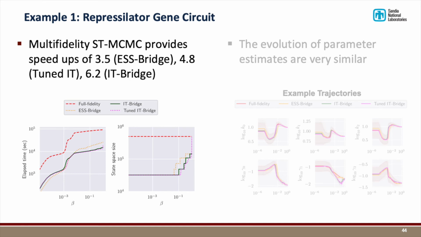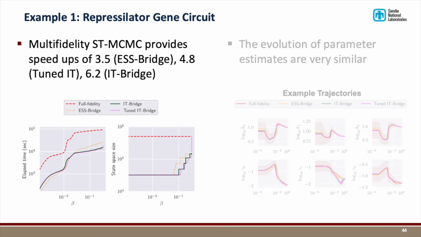At the initial annealing levels, the ESS bridge method is fastest because it doesn't require full fidelity model simulations to guide the sampling. However, as the algorithm progresses, the better choice of intermediate levels by the information theoretic criteria allow it to be computationally more efficient overall.